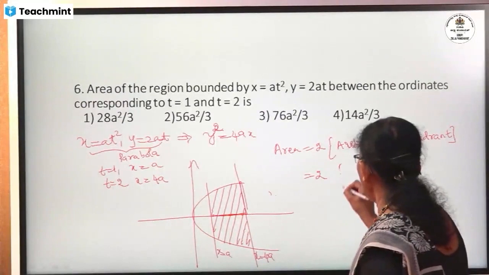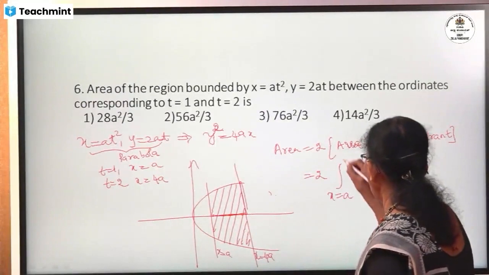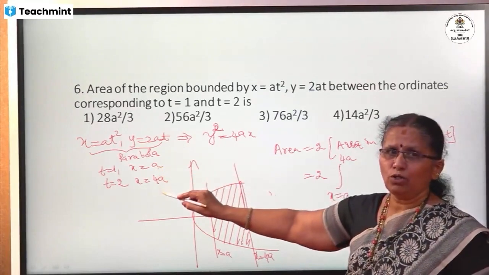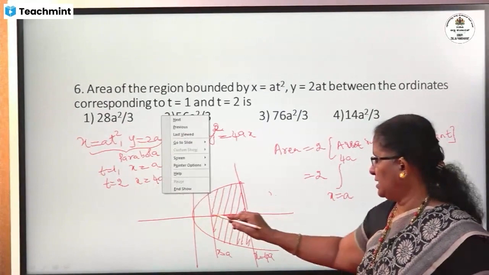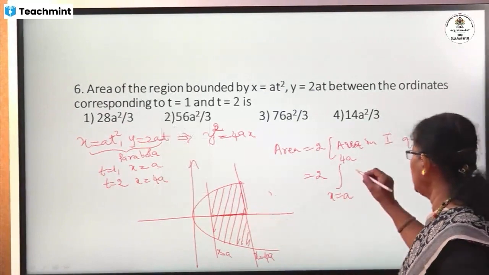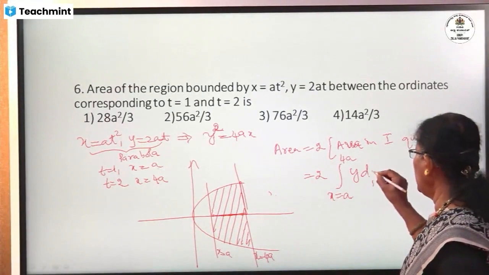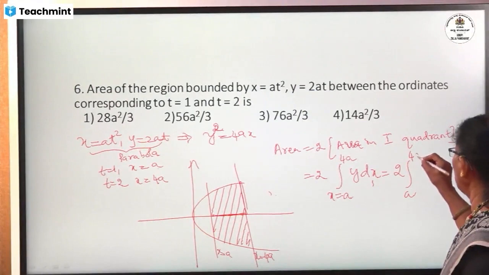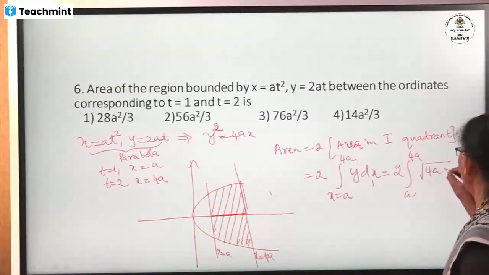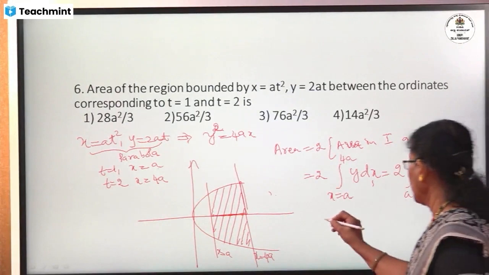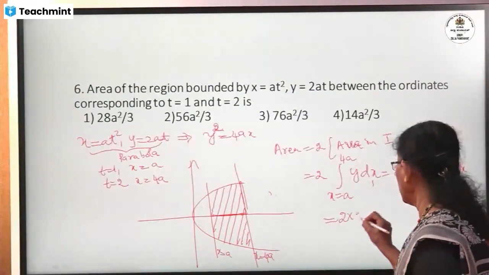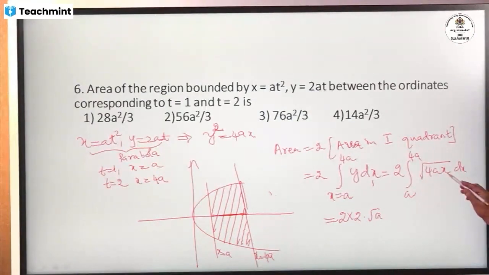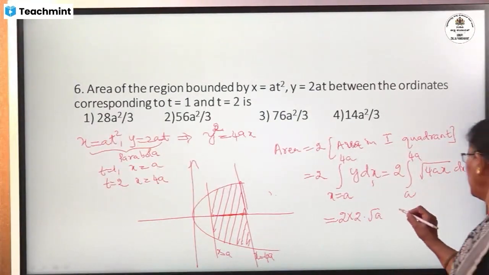For area in the first quadrant, from where to where does x vary? X varies from a to 4a. And can you see that the area is bounded by the x-axis? So what is the formula? It is y dx. So this is 2 times the integral from a to 4a of root of 4ax dx. That is, root 4 means 2, root a is as it is. Now this is x to the power half. What is the integral of x power half?